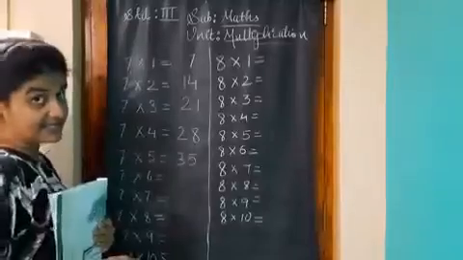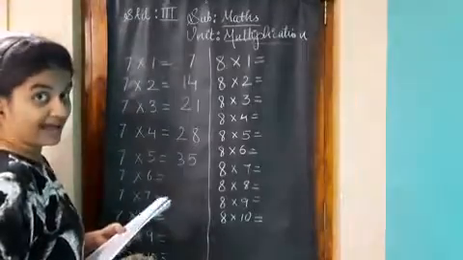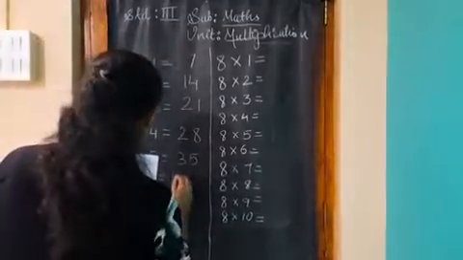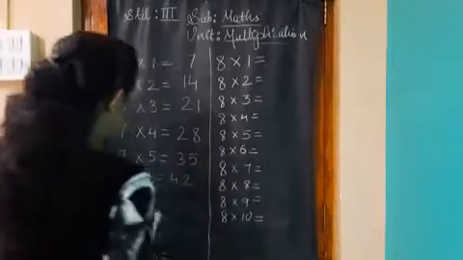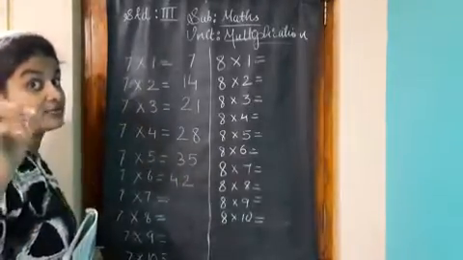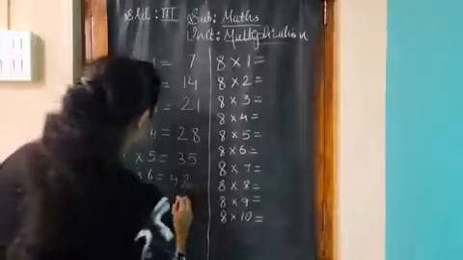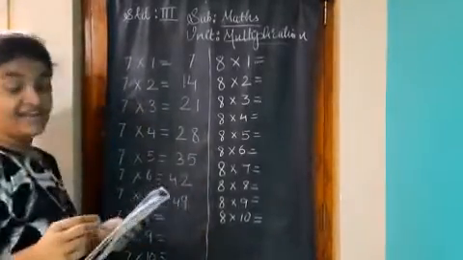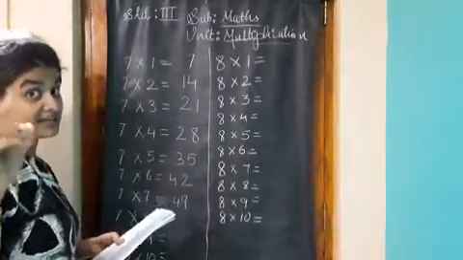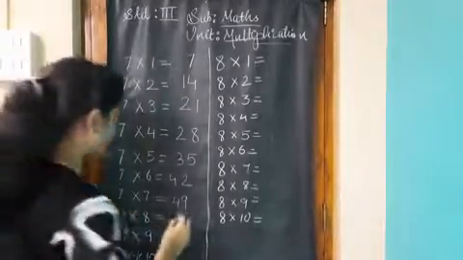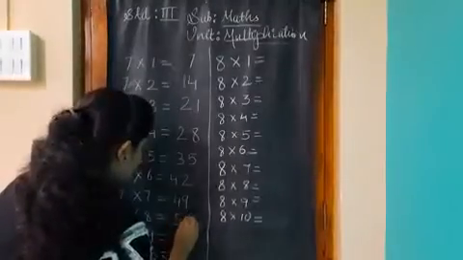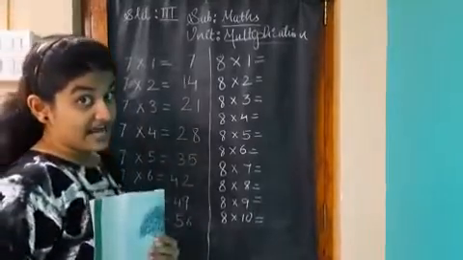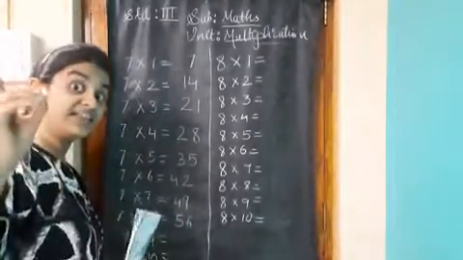7 six is 42, right? 7 sevens is 49. 7 eights is 56, right? 7 nines is 63.